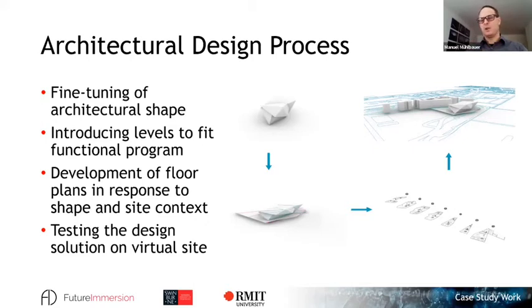On the one side, the functional and programmatic aspects, and on the other side, the building shape that needed to be adjusted in certain positions to encapsulate the architectural program. And finally, testing the design on the virtual side.